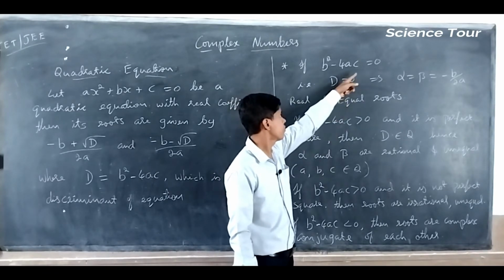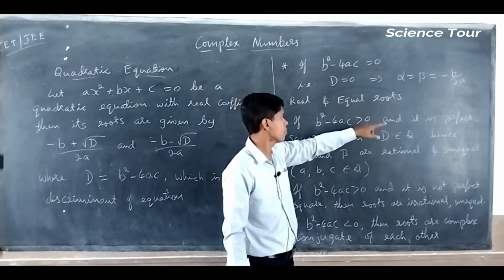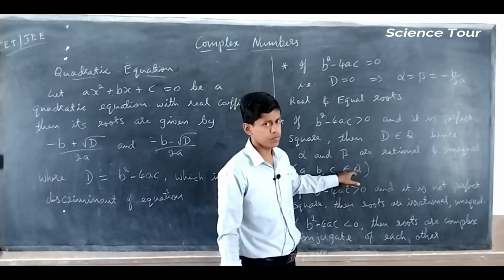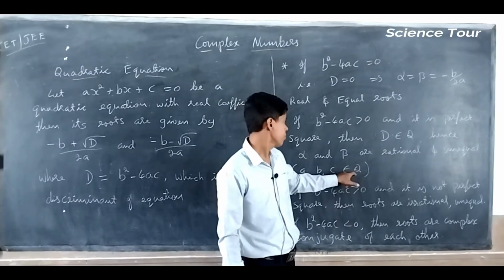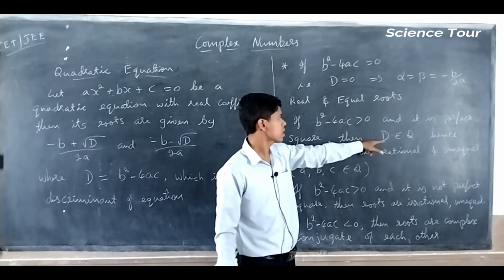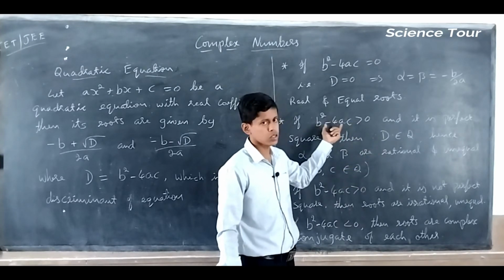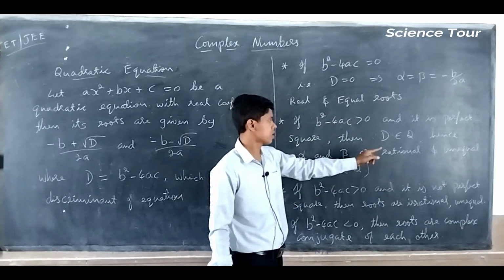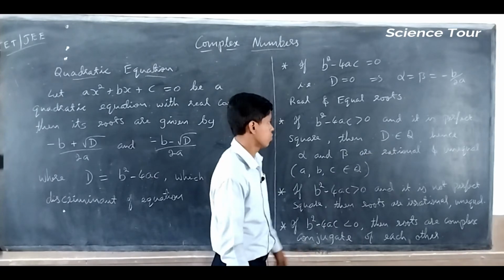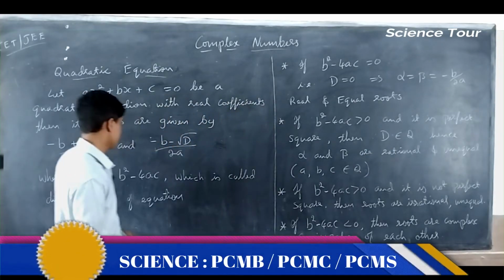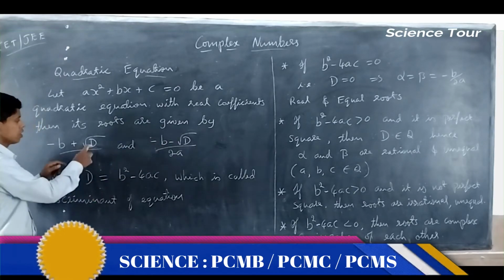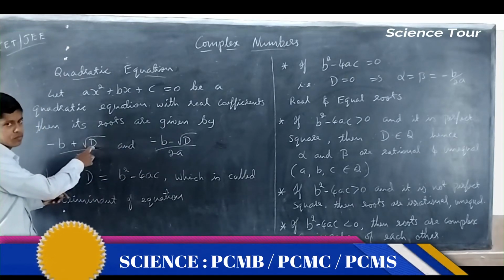What happens if d is greater than 0 and all the coefficients belong to the set of rational numbers? Then the discriminant also belongs to the rational numbers, hence alpha and beta are rational and unequal if d is a perfect square.